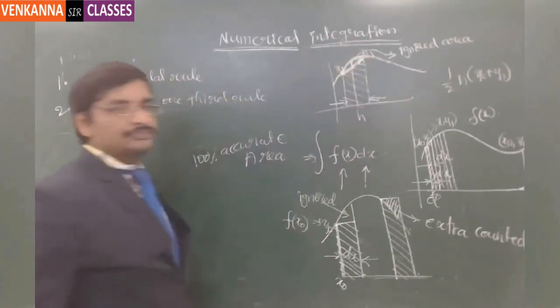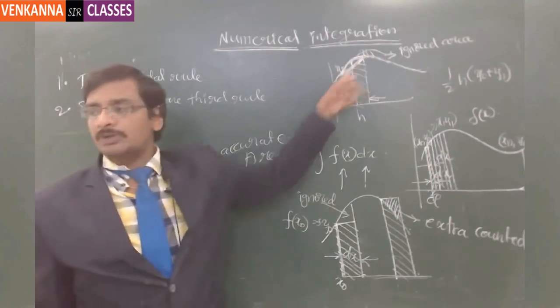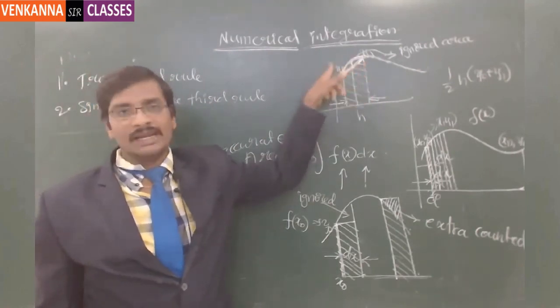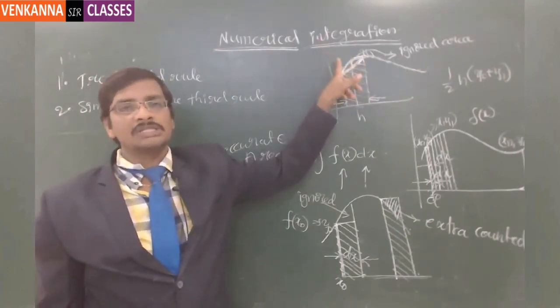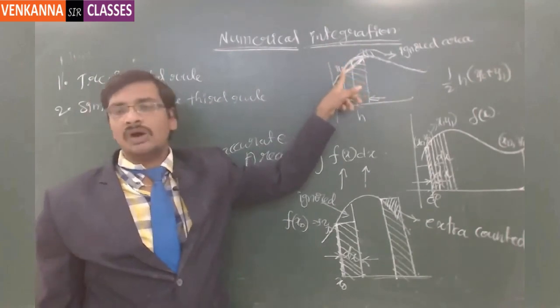So in the first case you are approximating as a straight line. In the second case you are approximating this as a quadratic equation or a parabola.